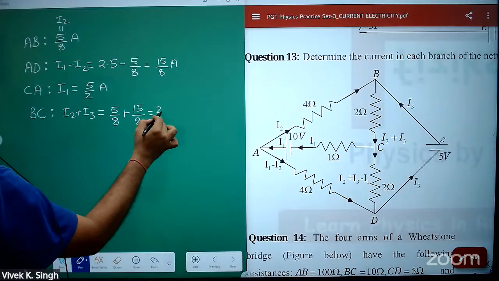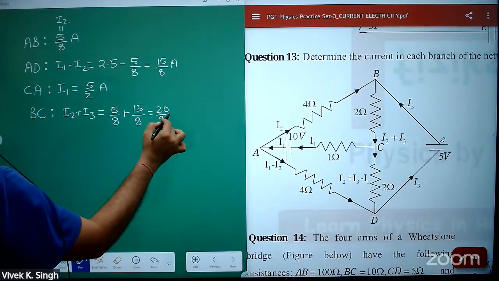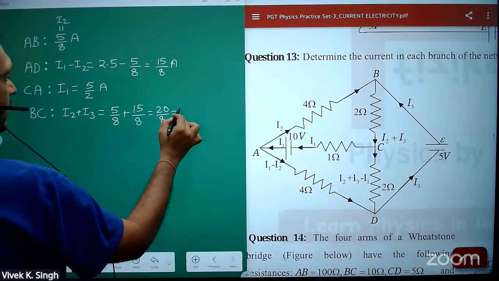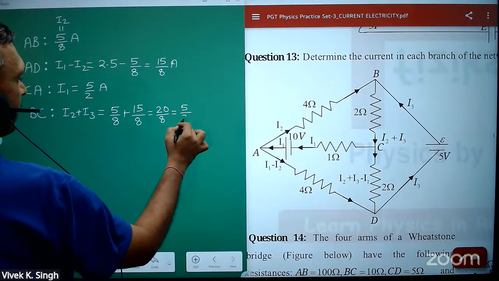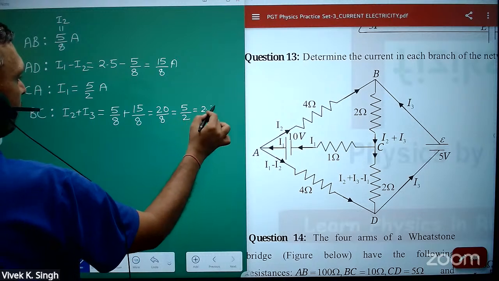So this is 20 by 8, which is 2.5 ampere.